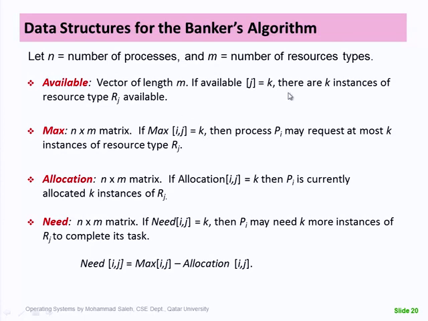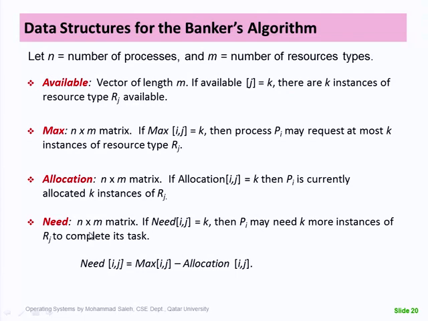Available, as we mentioned, the resources that are available in the system, the number of instances of each resource. Allocation initially is 0. No resources allocated to any process. But with time, processes will be allocated resources, and we need to keep track of these resources. Needed is what is left for a process to request.